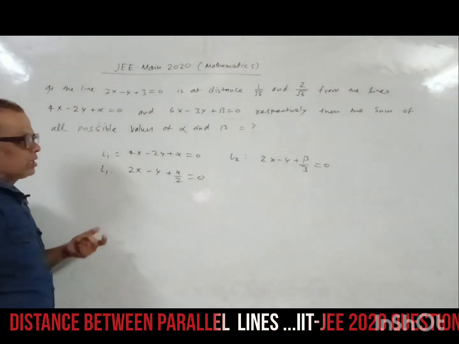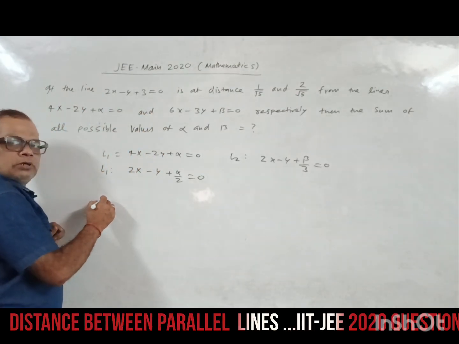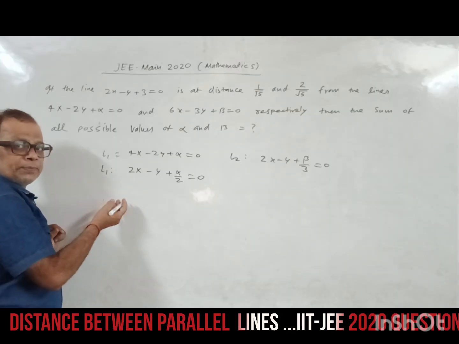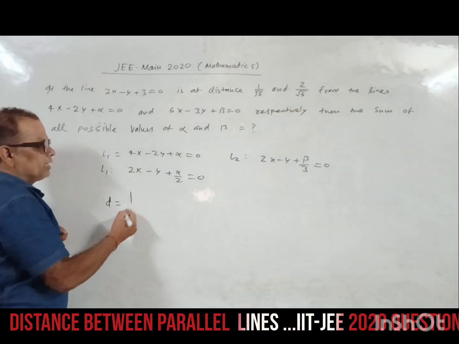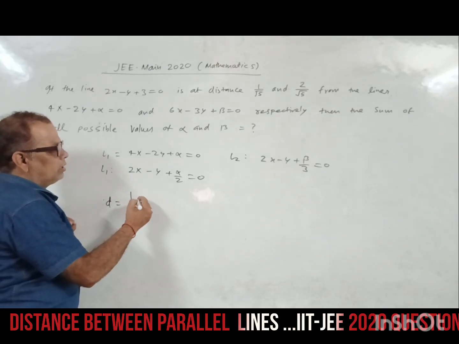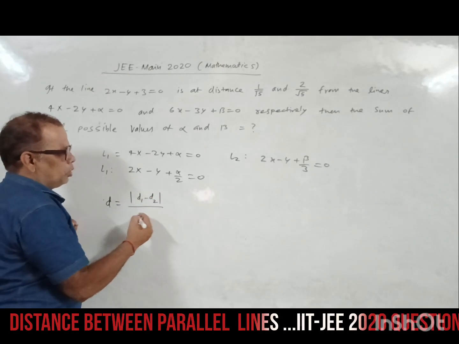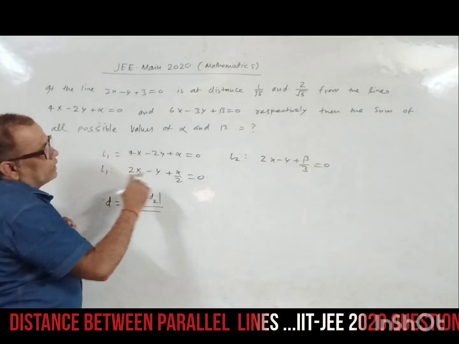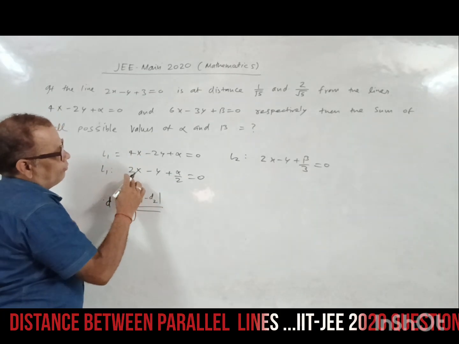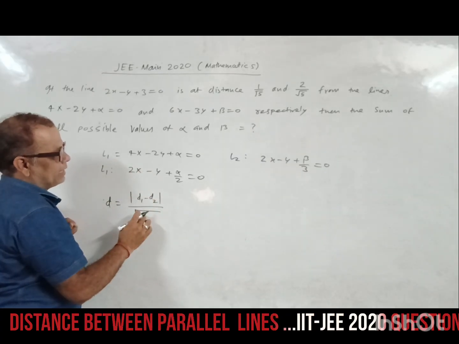So if there are two lines parallel to each other, then the closest distance or shortest distance we can find by taking the constant terms d1 minus d2 upon the under root of the coefficients of these two lines. The x coefficient is 2 and the y coefficient is minus 1.